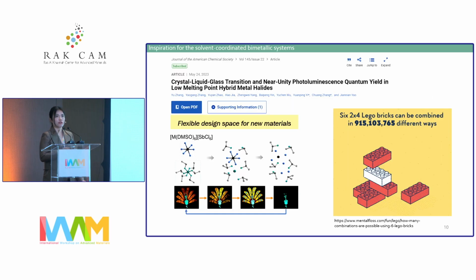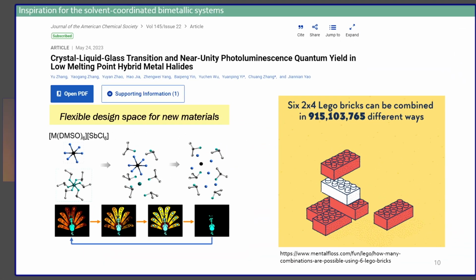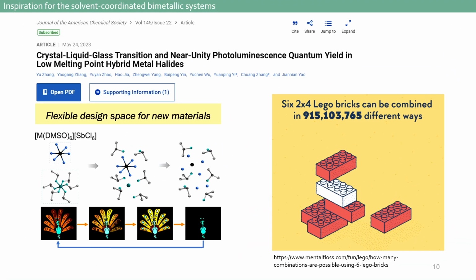So our first work, not first work, but to start off with the highly emissive material that we aspired to explore is this work published almost 3 years ago in JACS that reported dual metal centers, with the solvent coordinating with one of the metals, and the other part just a normal halide composition.